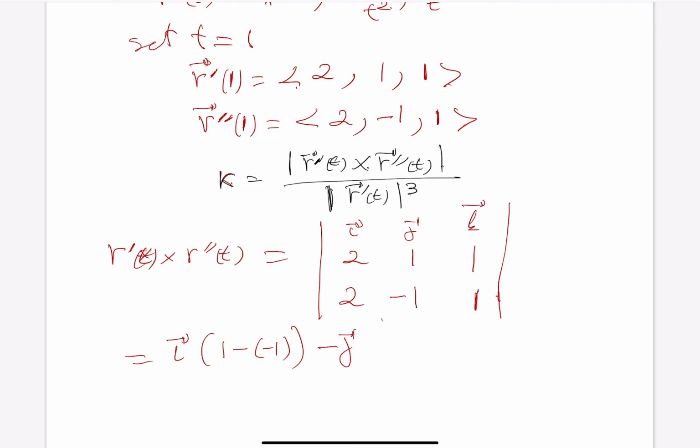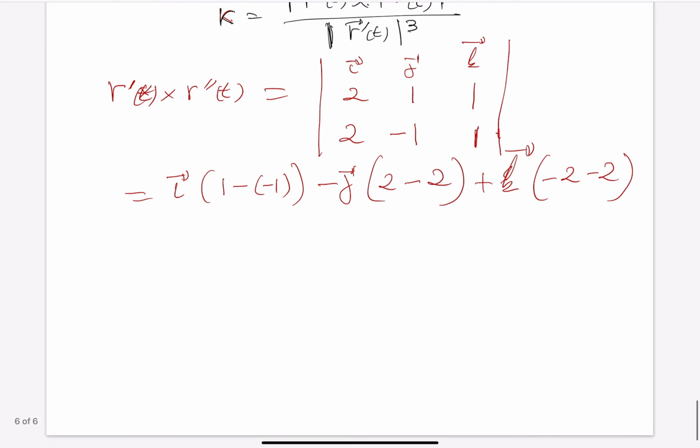Negative j, 2 minus 2, and the 2 cancels out, of course. And for the k vector, we have negative 2 minus 2. Just to make sure I get it right: negative 2 minus 2. Good.